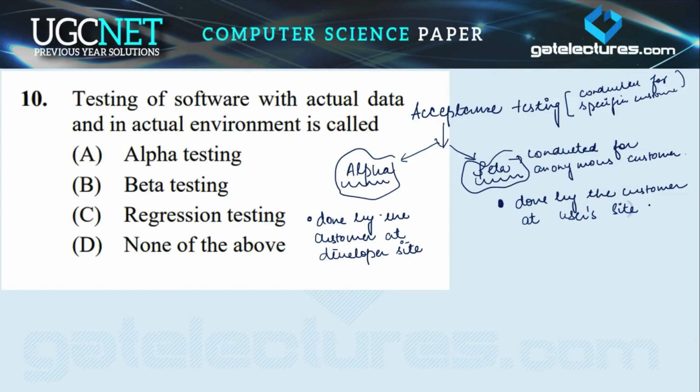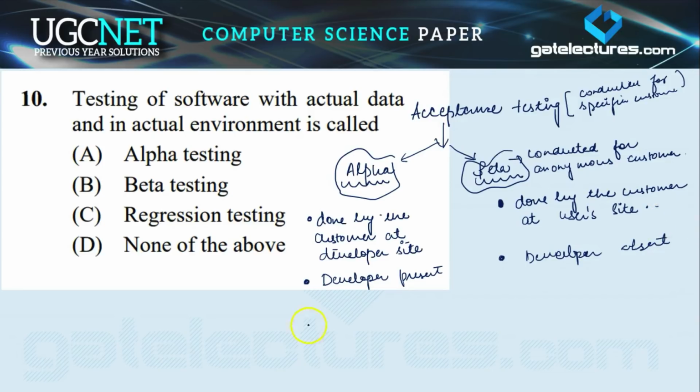So this is the main difference between these two testings. In alpha testing, the developer is present, but in beta testing the testing is done by the customer at the user side. That's why the developer is not present, so it's absent.